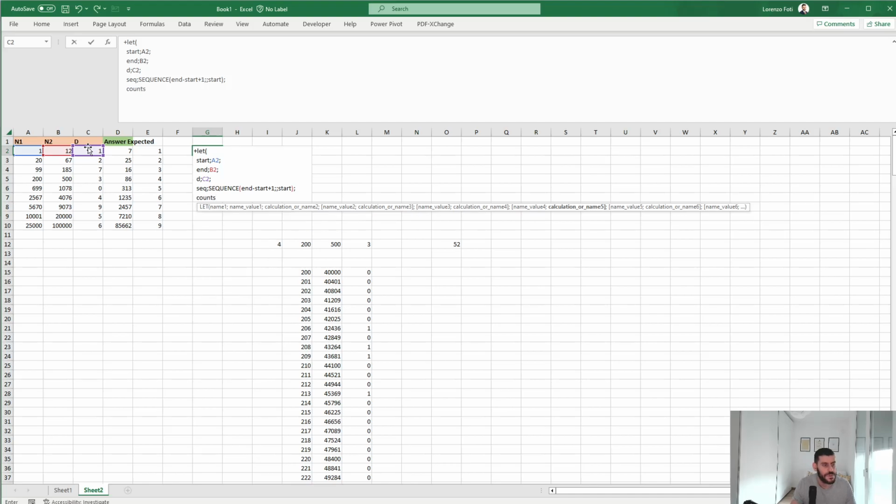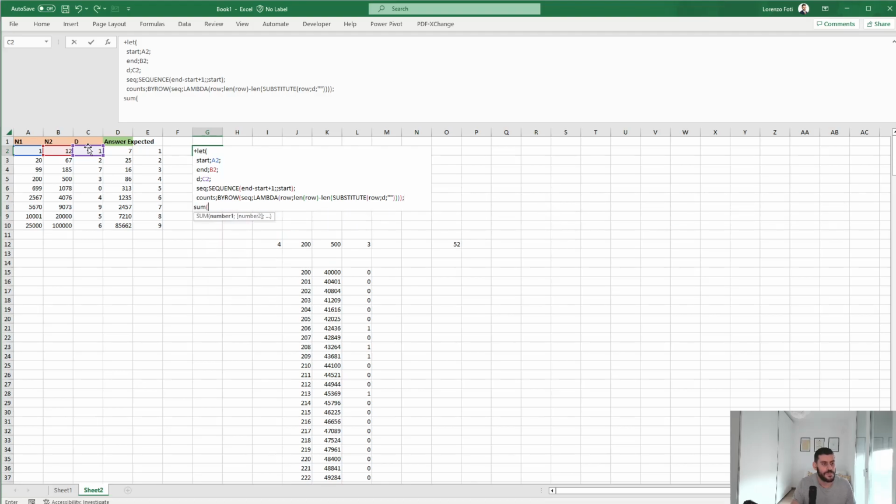Counts will be a biro of sequence, lambda row, will be len of row minus len of substitute row, all text is d with nothing. I want to return sum of counts.